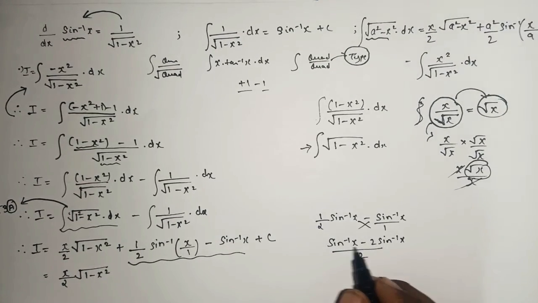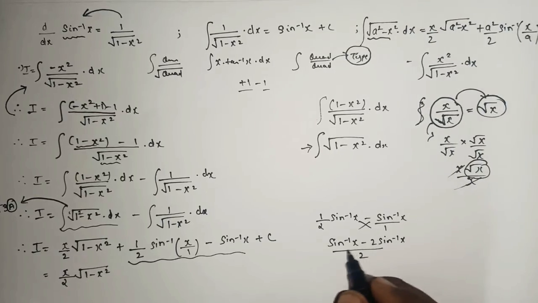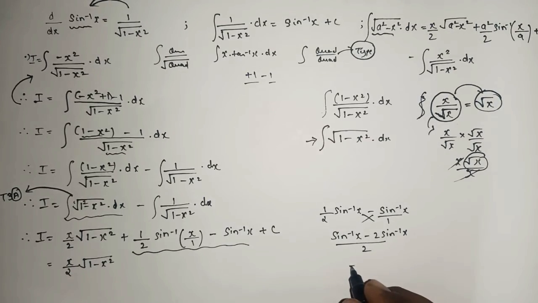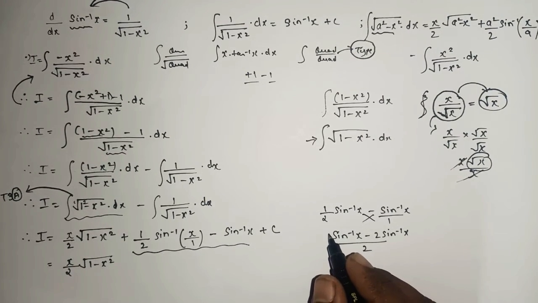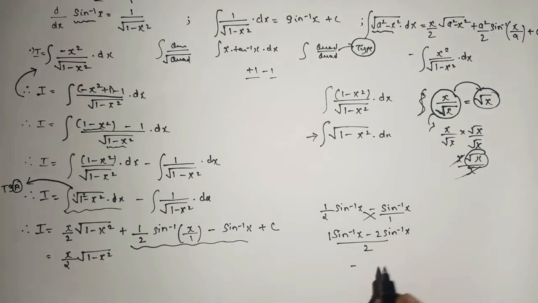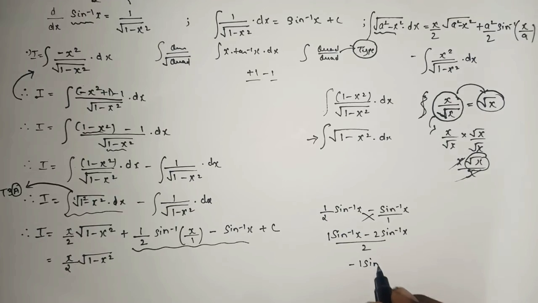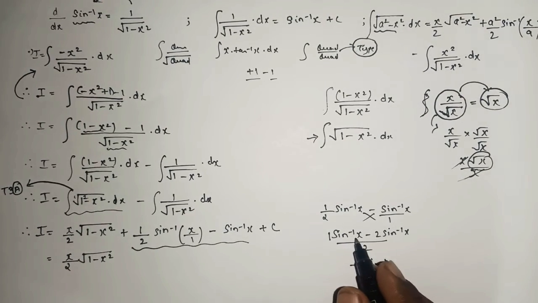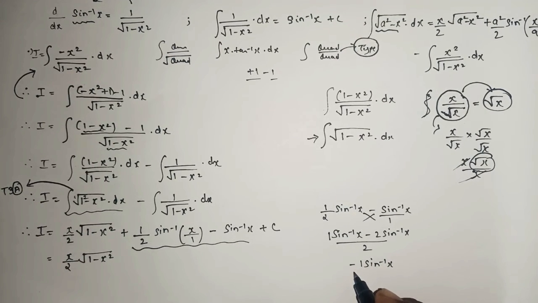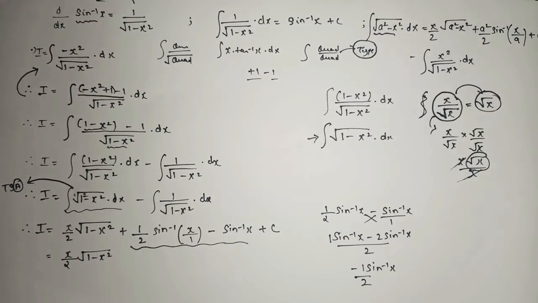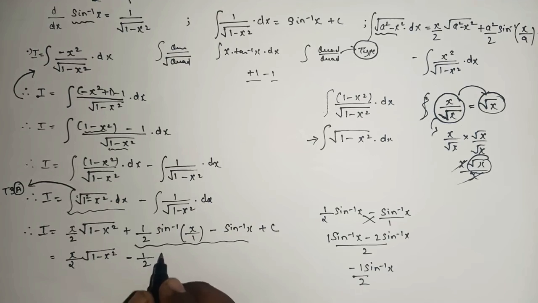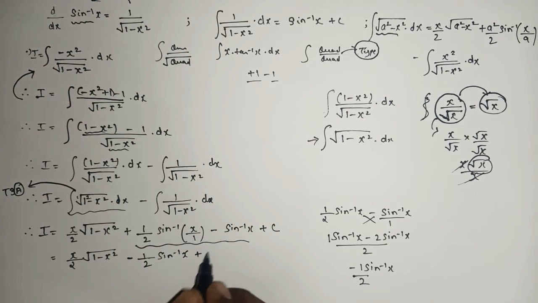So here sine inverse x minus 2 sine inverse x, as they are like terms, we can add the numbers, yes or no? So here you will get what? As here nothing is there, the coefficient will be 1. So 1 minus 2, you will get minus 1 sine inverse upon 2. So this part we can write directly as minus 1 upon 2 sine inverse x plus c.